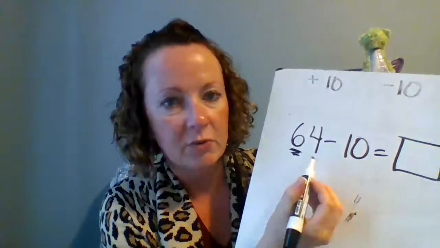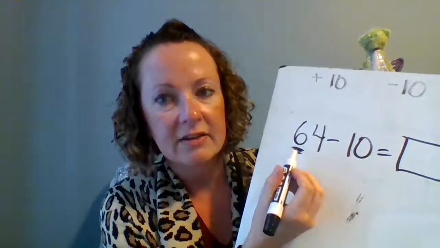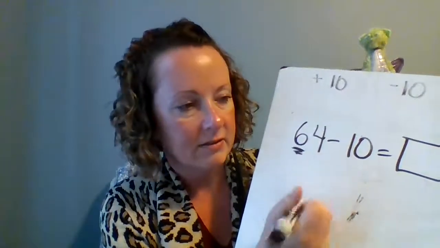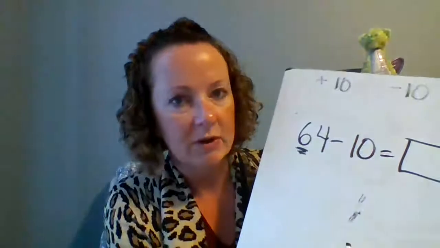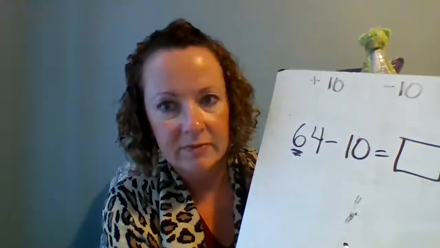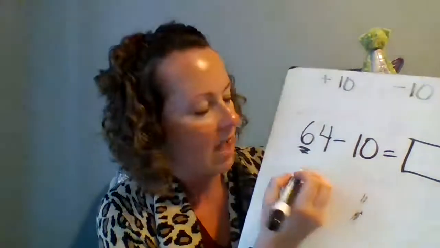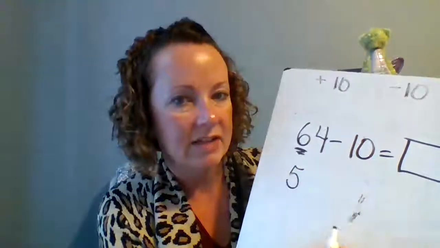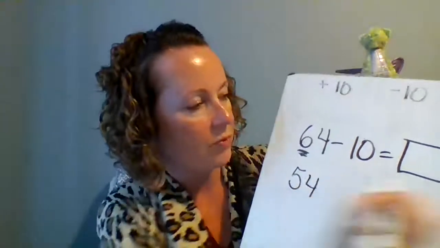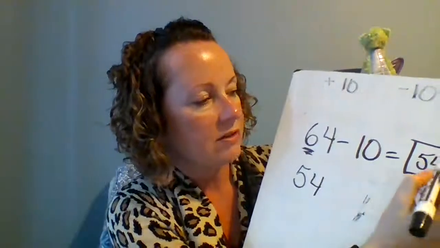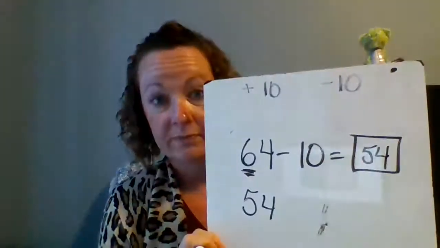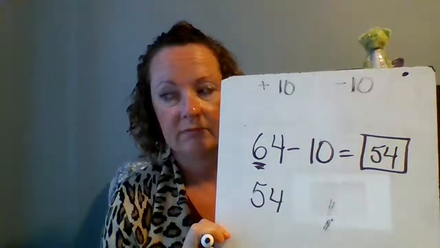I'm going to leave those 4 ones alone. If I've got 6 sticks of 10 and I take 1 away, how many am I going to have left? 6 minus 1 is 5. So I have 5 tens, that's 50, and 4 ones, which is 54, right? Not so bad. Not so bad.